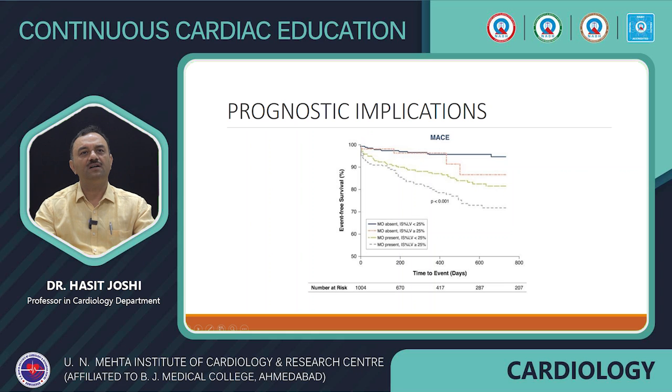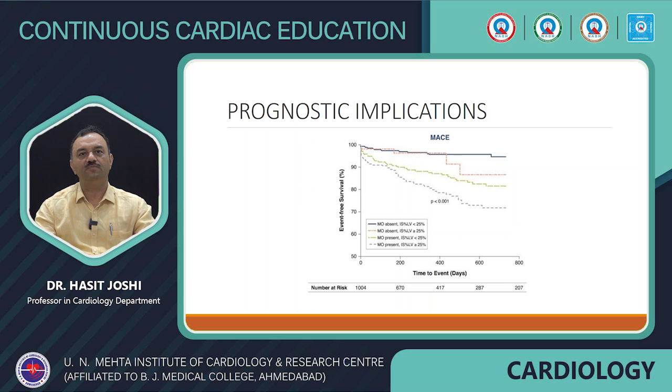And if we see the third line, microvascular obstruction present and infarct size less than 25%. Here, if we compare with this, the infarct size both is less than 25%. But if microvascular obstruction is present, its prognosis is even worse than if microvascular obstruction is present and infarct size is more than 25%.